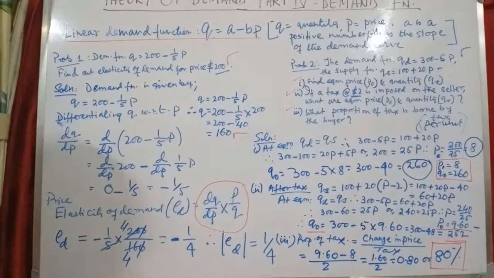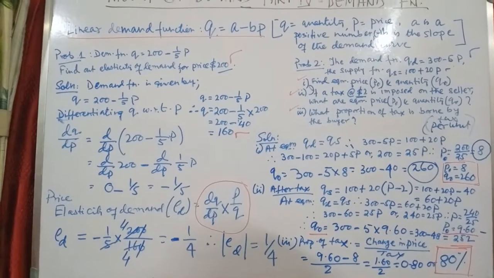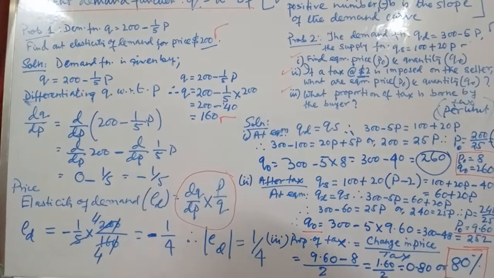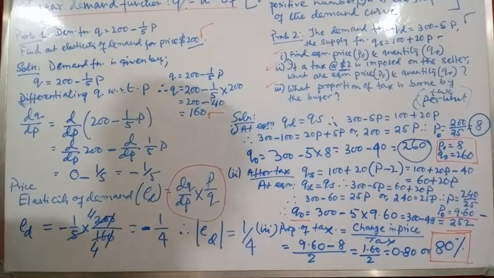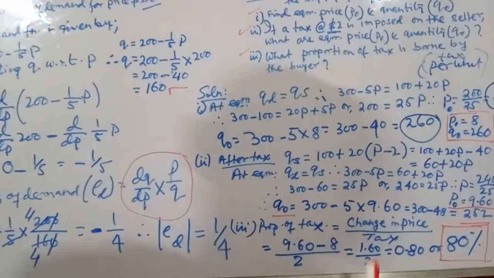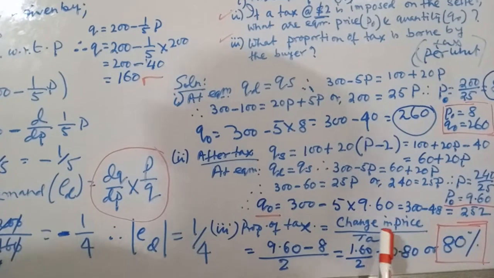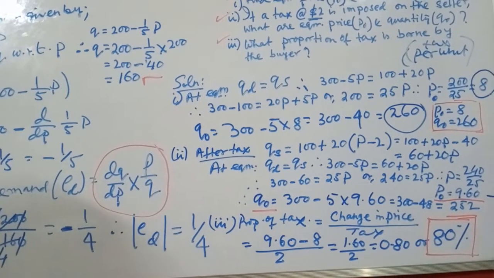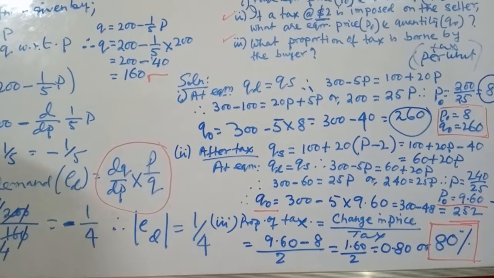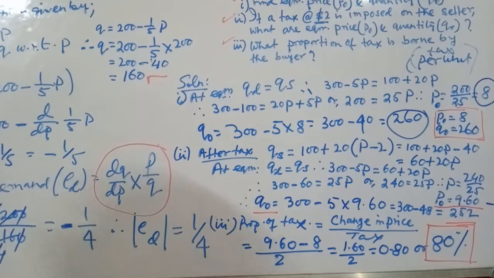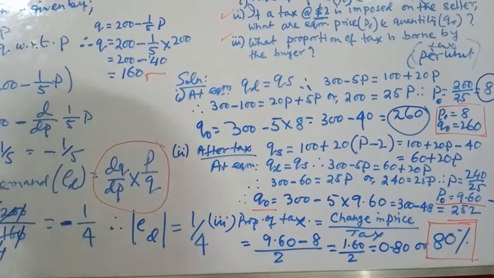Now come to part 3. What proportion of tax is borne by the buyer? Now, the proportion of tax borne by the buyer is equal to the change in price, that is, the price the buyer is paying now minus the price the buyer was paying before imposition of tax.